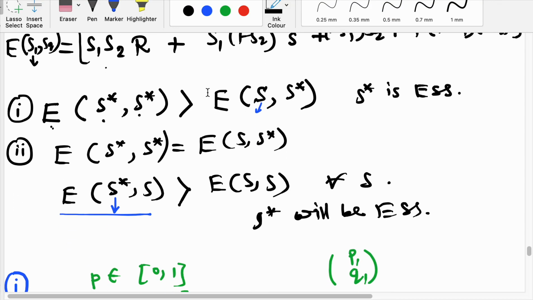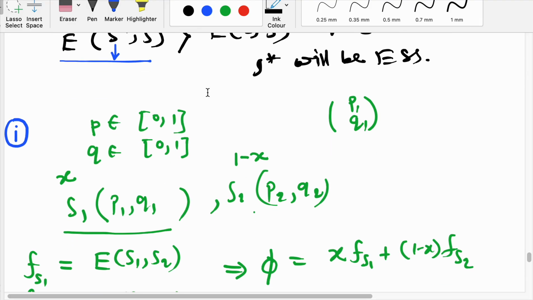If we select some strategy p and q, these two numbers are the strategy of a player.